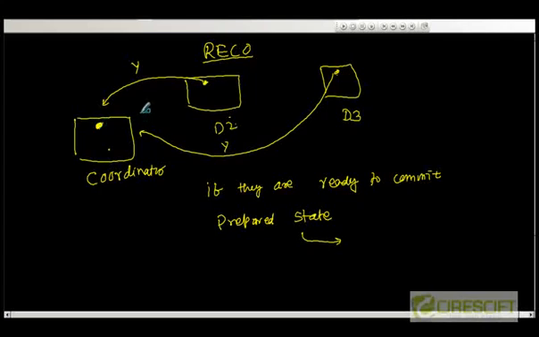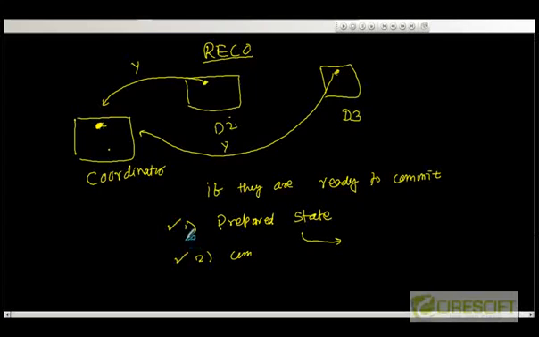After they have gone to the prepared state, the next step is to say commit. So this will commit, this will commit, this will commit, and then the coordinator waits for their response that they actually committed. So this is two-phase commit. Phase 1 is the prepared state, phase 2 is where the actual commit happens.